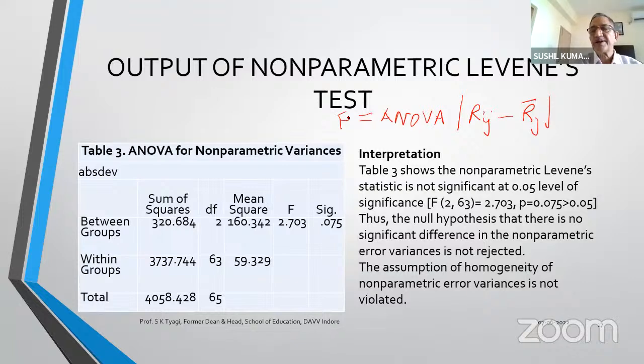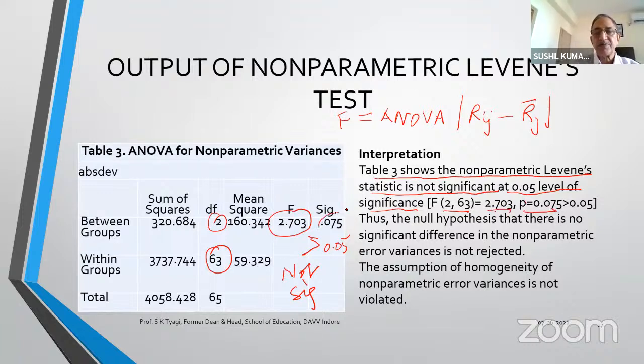This is the non-parametric Levene's test. And because this value is greater than the alpha level of 0.05, therefore this is not significant. So Table 3 shows the non-parametric Levene's statistic is not significant at the 0.05 level, because F with degrees of freedom 2 and 63 is equal to 2.703. The p value is 0.075, which is greater than 0.05.